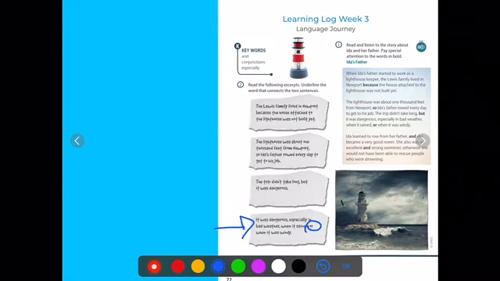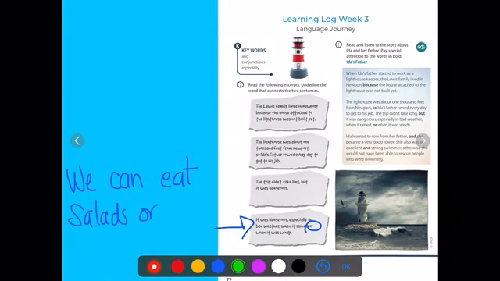I'm giving you options, okay, when it rained or it was windy. It was very dangerous there. Now, another example would be, we can eat salads or hamburgers. In this restaurant, I'm giving you guys options. We can eat salads if you are veggie, or we can eat hamburgers. I'm giving you guys two options, and to give options we use the word or.